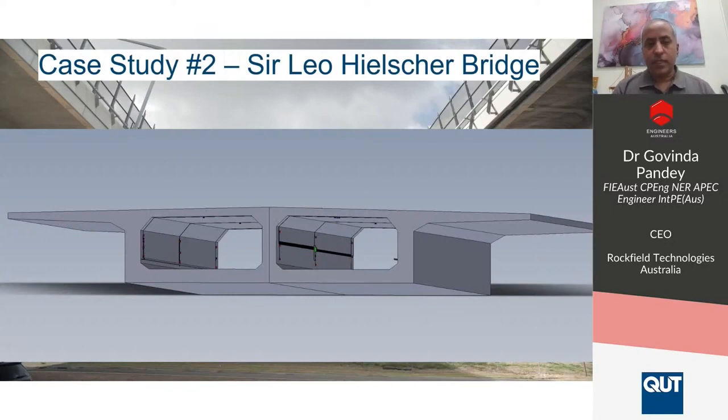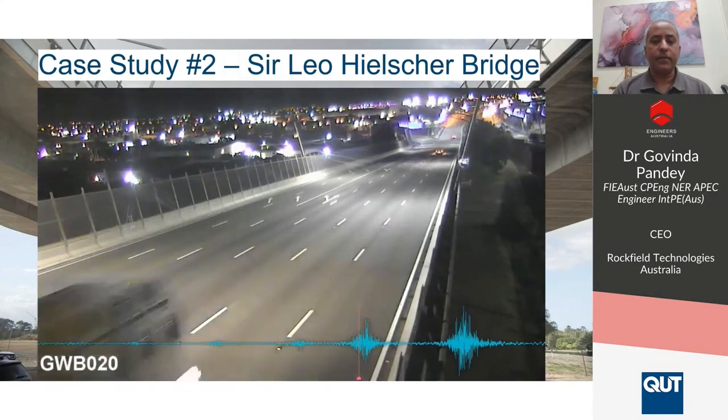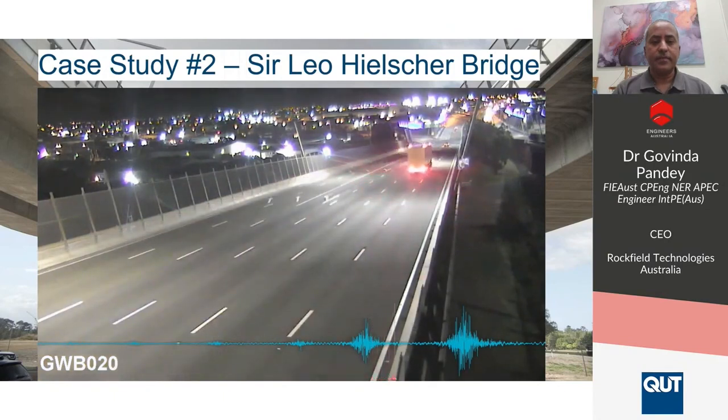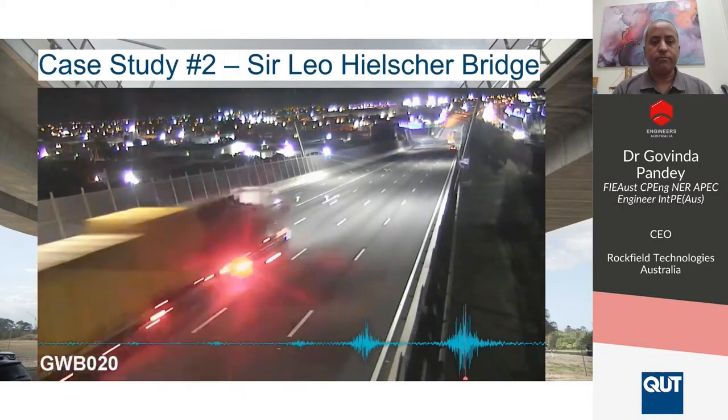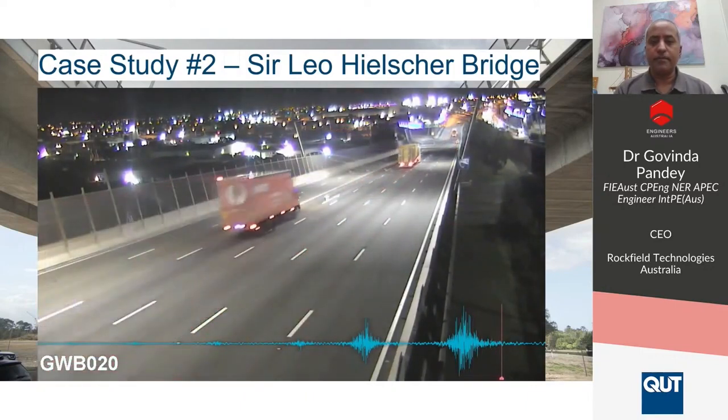So this slide shows the locations of the sensors, and this is just the result of the effect of the loading events. And this third wave is for a much bigger live load.